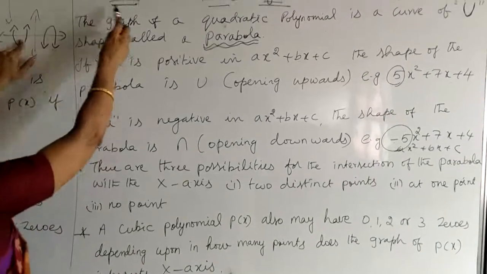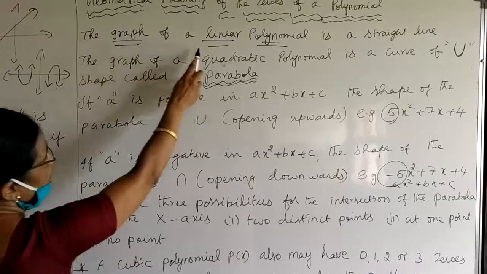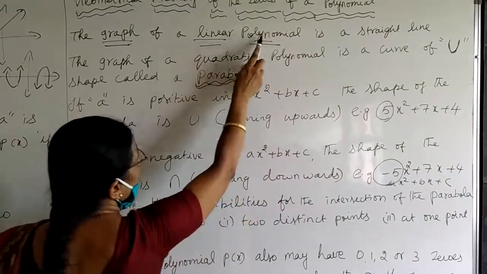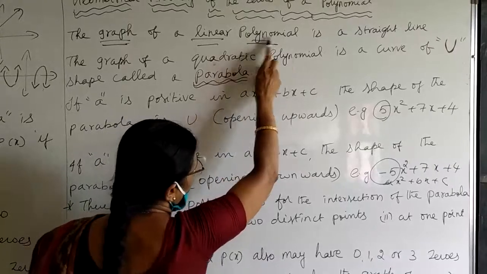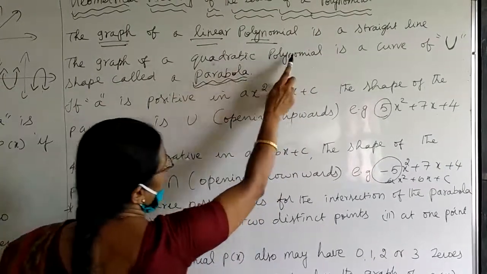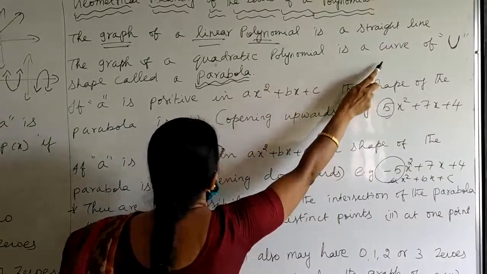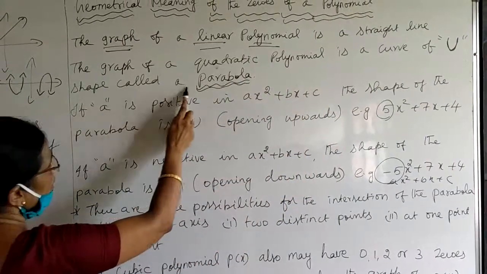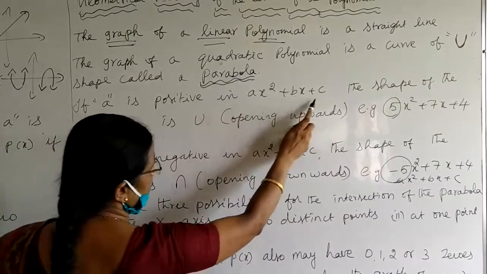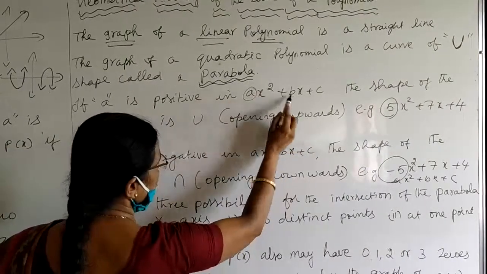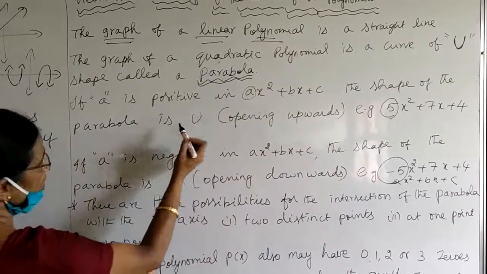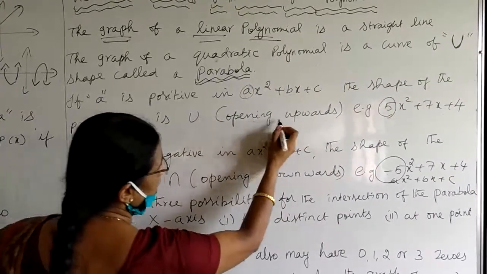So I read what I have written here. The graph of a linear polynomial is a straight line. If it is a linear polynomial and if we draw the graph, it becomes a straight line. The graph of a quadratic polynomial is a curve of U shape called a parabola. If a is positive in this, not to see b and c, only a should be seen, then the shape of the parabola is U, that is opening upwards.